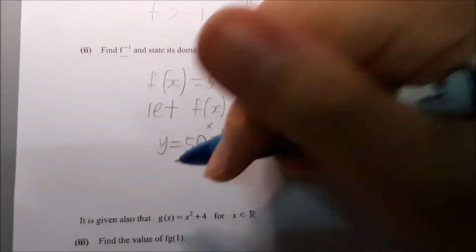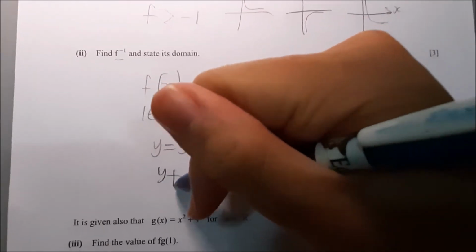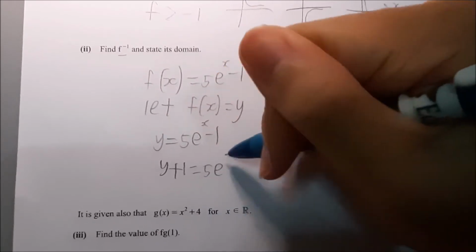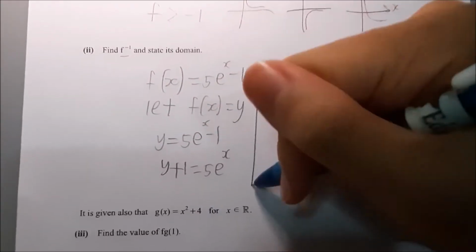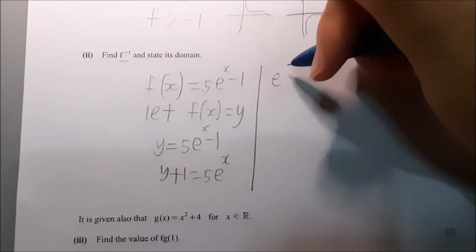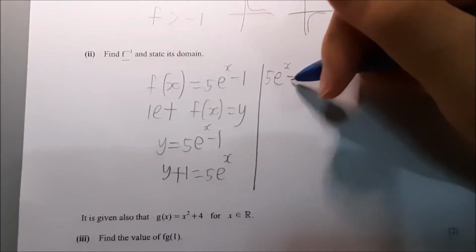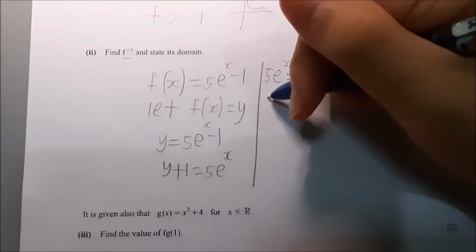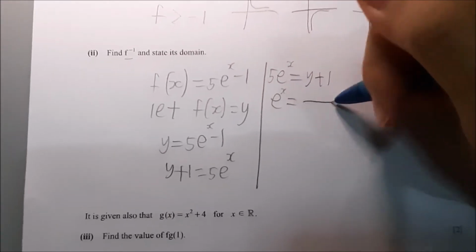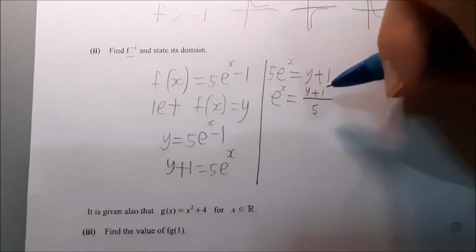Then you make x the subject. So you move the 1 over, simplify, and when you move the 5 over, it becomes (y + 1) divided by 5.